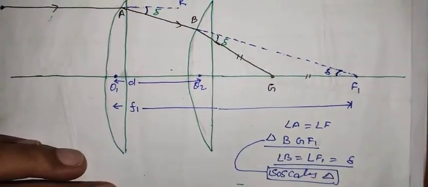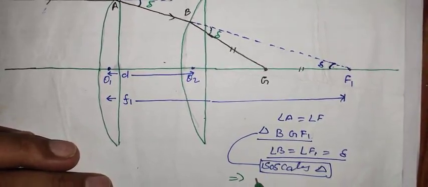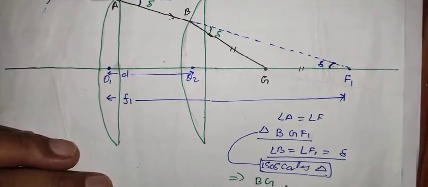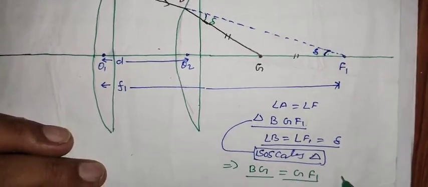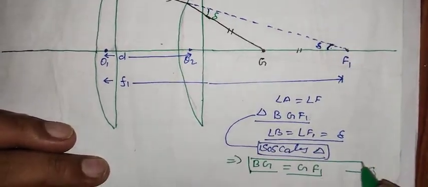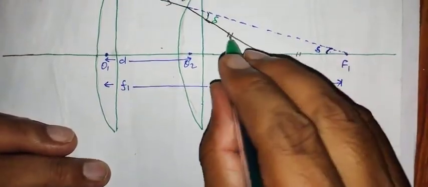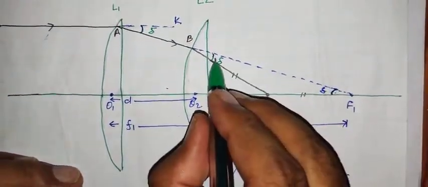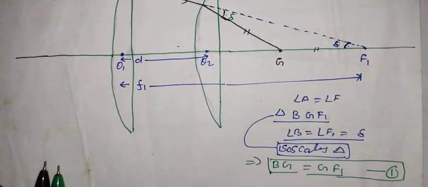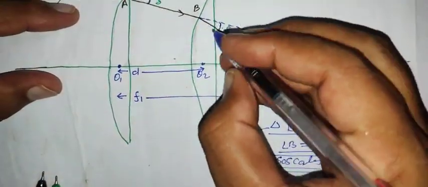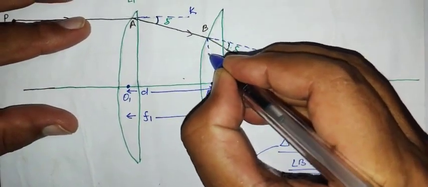This implies that BG is equal to GF1. See condition number 1 in this diagram. These two are equal because both angles are the same. In that condition, see very carefully. See the straight line this is.